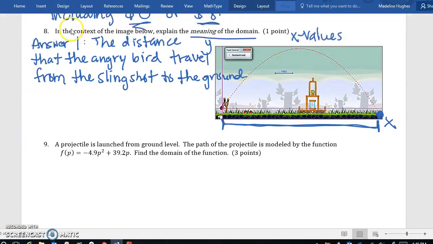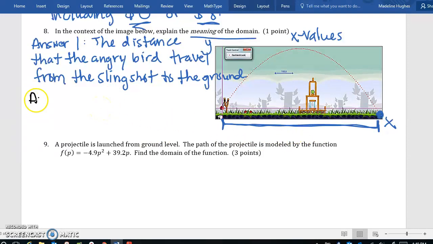Or you could look at it as the time. If this was time, how long is it in the air? It's traveling, traveling, traveling. Now you're counting, taking a couple of seconds. Finally, it hits the ground. So it could also represent the time it takes the Angry Bird to hit the ground, depending on what this x-axis is labeled.